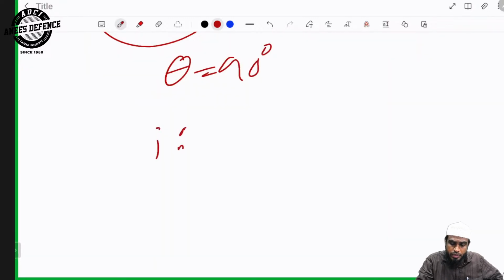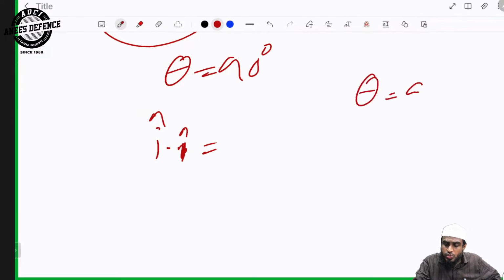But i dot i means both are unit vectors with 0 degrees between them. Theta is equal to 0 degrees. So i dot i can be represented as magnitude of i into magnitude of i into cos 0.